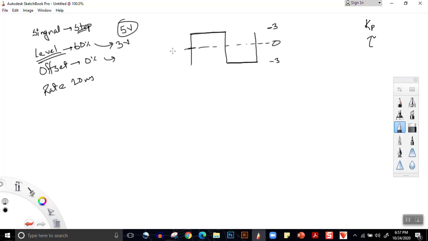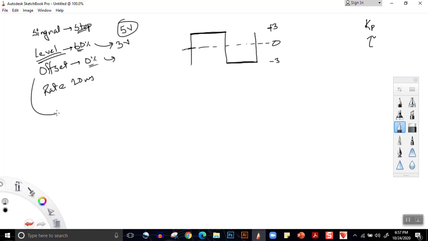Offset means how much DC shift is provided to the value. For example, here offset is 0. It will mean that since the level is 60%, the positive level is plus 3 volts and the negative level is minus 3 volts.